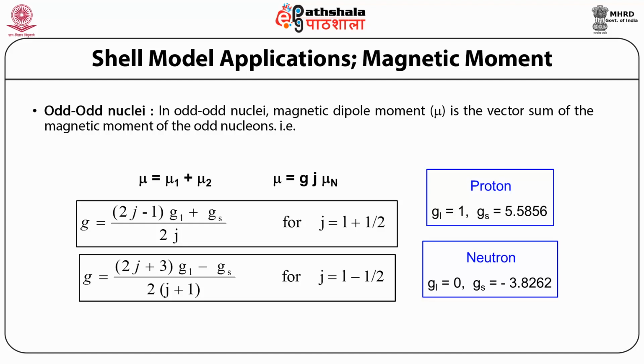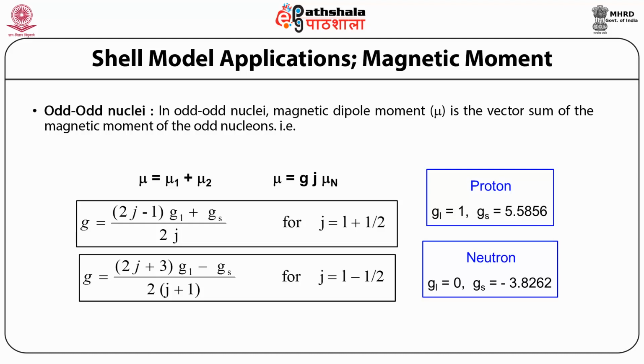Now, for two different situations, when the odd proton and odd neutron spins are parallel, in that case, G is equal to [(2j minus 1) Gl plus Gs] upon 2j for j is equal to L plus half, and G is equal to [(2j plus 3) Gl minus Gs] upon 2 into (j plus 1) for j is equal to L minus half.